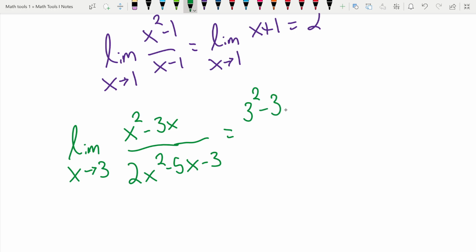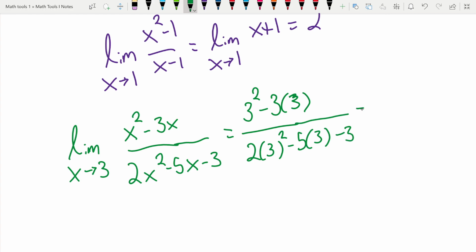So we get 3 squared minus 3 times 3 over 2 times 3 squared minus 5 times 3 minus 3. Okay, so the top is 0 because we have 9 minus 9.